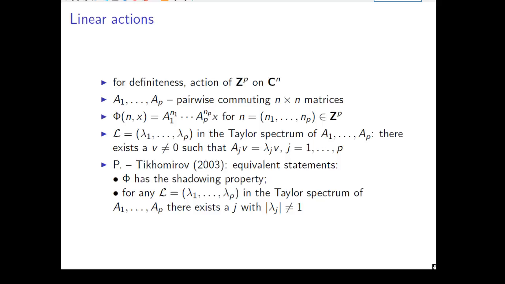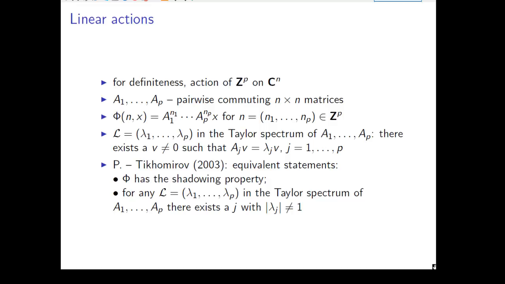In this case, if you consider a linear action, this just means that you select, for Z^p, the dimension of the group, you select p pairwise commuting matrices, and the action is given by this simple formula, and it's more or less easy to give necessary and sufficient conditions of the shadowing property for this linear action in terms of the so-called Taylor spectrum.